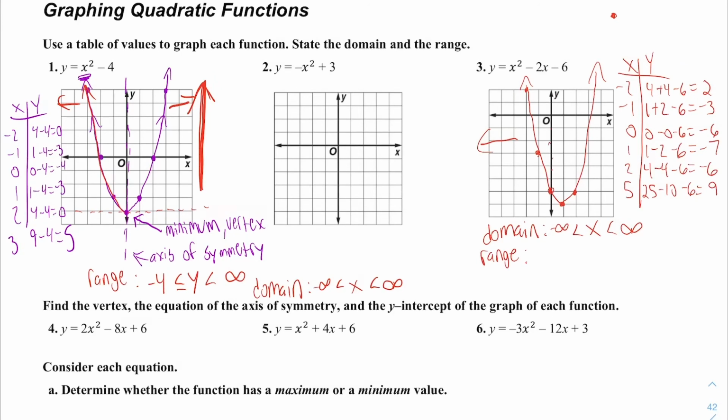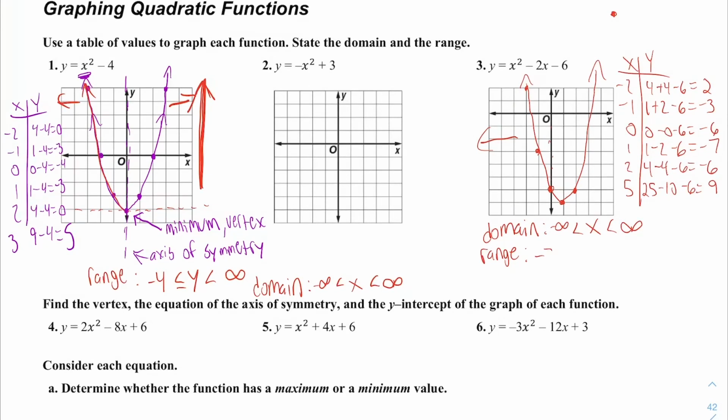For the range, it looks like the smallest answer we are ever going to get is -7. -7 is the smallest y. So y is going to be greater than or equal to -7. And the largest y, this graph extends upward forever to infinity.